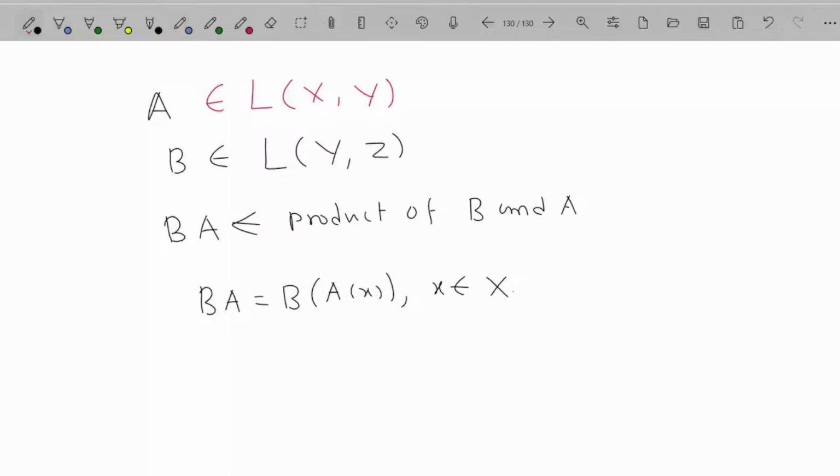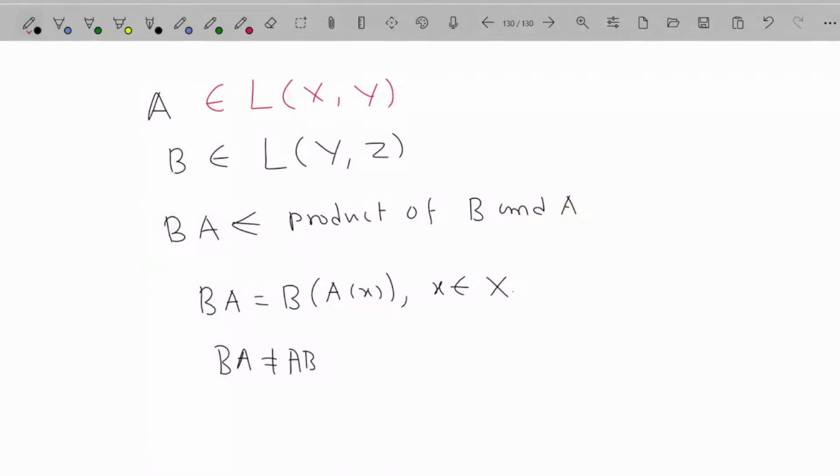Clearly you can see that BA is not equal to AB. Even if we take X, Y, Z all as the same space, in general BA might not equal AB. But in this case it is not even possible if X, Y, Z are different spaces. So that's how we define the product of two linear operators.